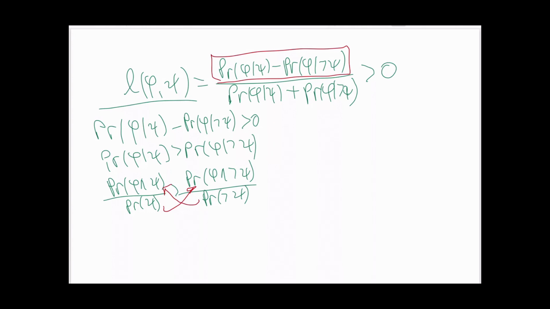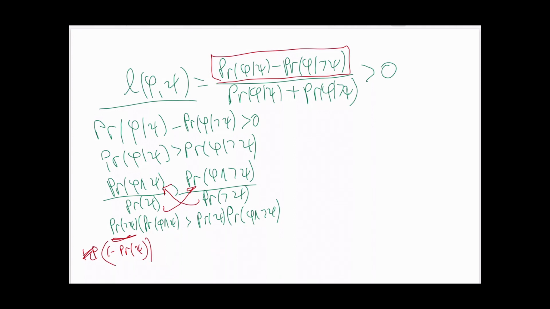So that means we know that the probability of not psi times the probability of phi and psi is greater than the probability of psi times the probability of phi and not psi. Now we remember that the probability of not psi is 1 minus the probability of psi.